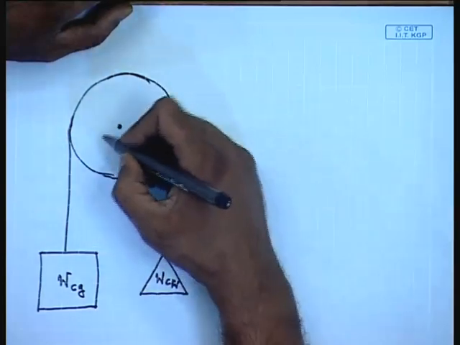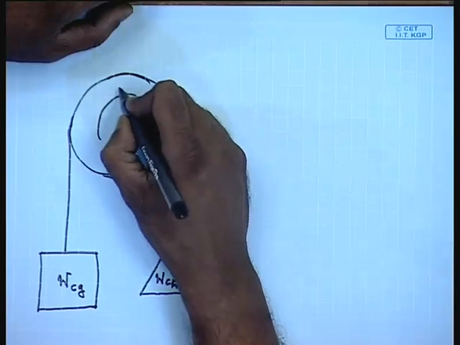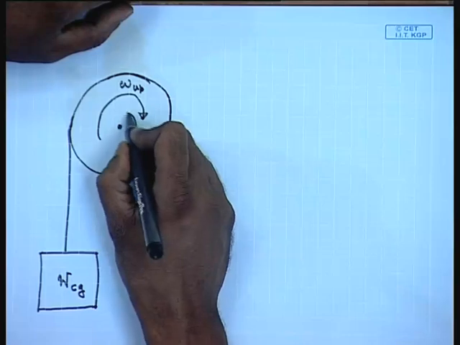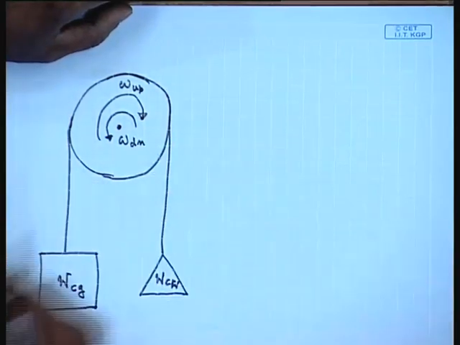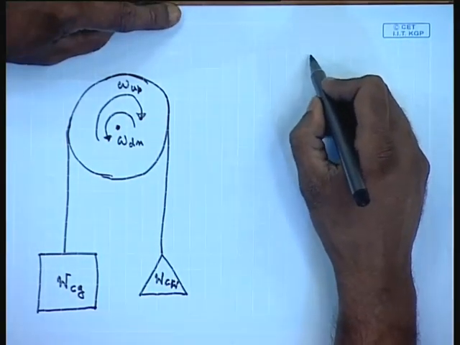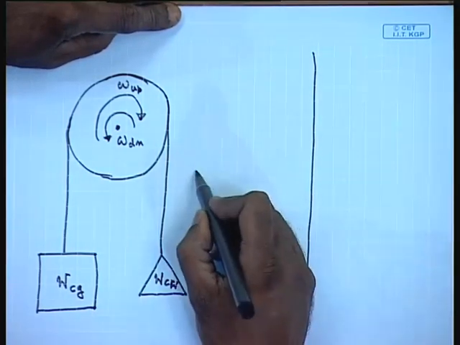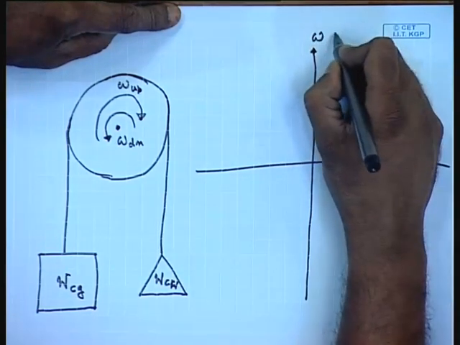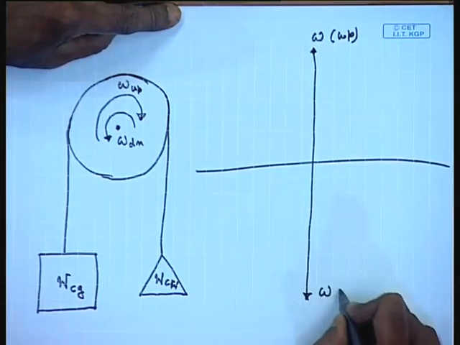In order to lift the cage, this is omega for upward motion and this is omega for downward motion. So, the motor shaft needs to rotate in two different directions. Now, let us see what happens under different operating scenarios.